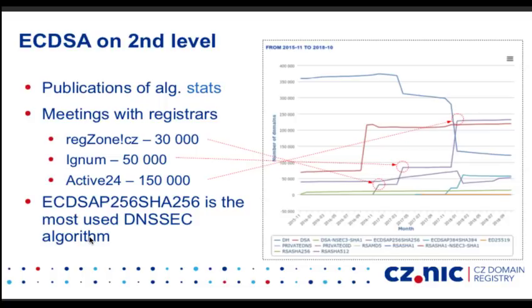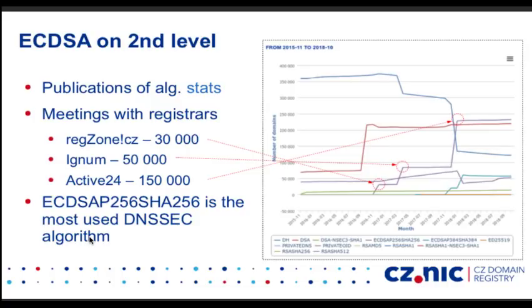It's not seen quite well, but on the 4th place there is ECDSA algorithm 14, P384, I think. So there are another 60,000 domains that are also using elliptic curves.